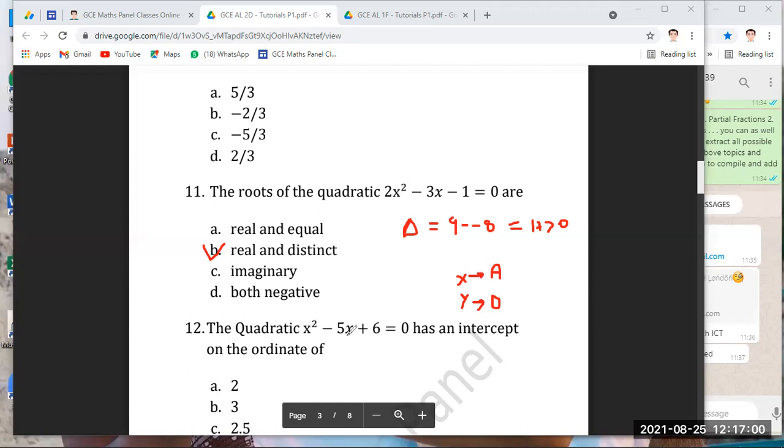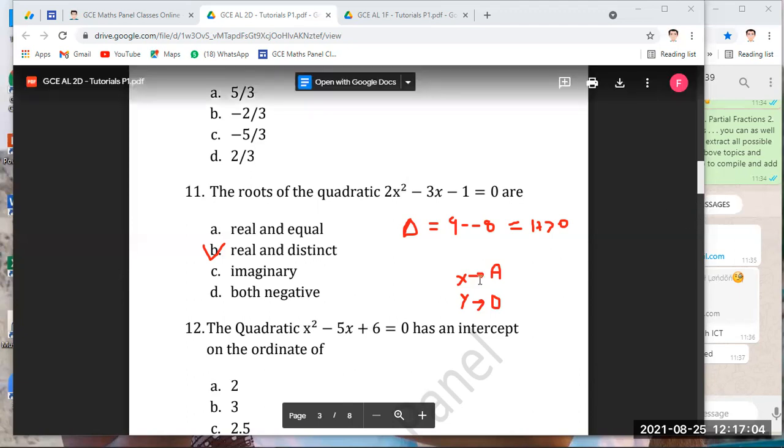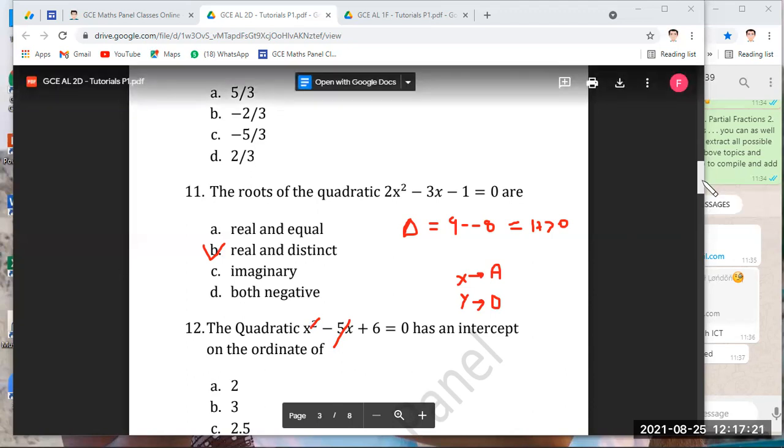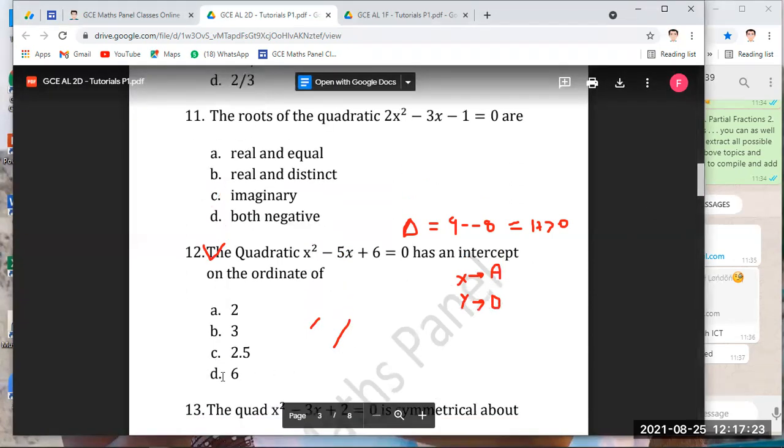Just put 0 in f of x. We'll be left with just this, because this will give us 0. This also gives 0. We'll be left with just the 6. Minus 6. Are we together? You can see the result. The key here is D.